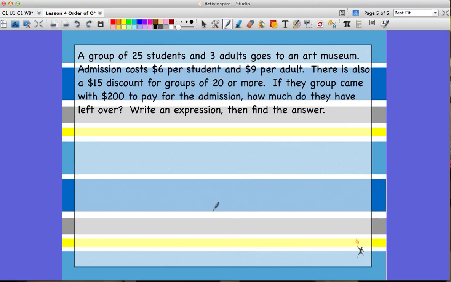If you hit Shift 8, it will show you an asterisk. So make sure that you use an asterisk for your multiplication sign, not an X. And again, if you have any questions, please make sure to post them to Edmodo, and we can go over them tomorrow.